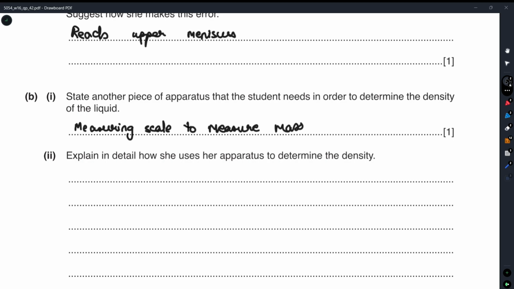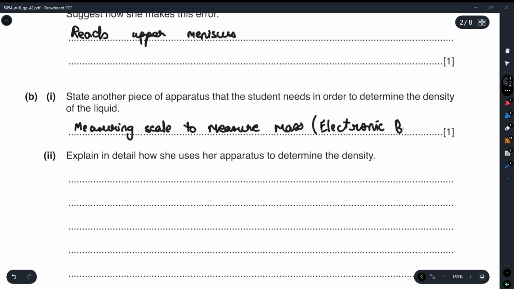So measuring scale to measure mass. That's probably what you're going to need. You can also write electronic balance here. Okay. We can also call it an electronic balance.